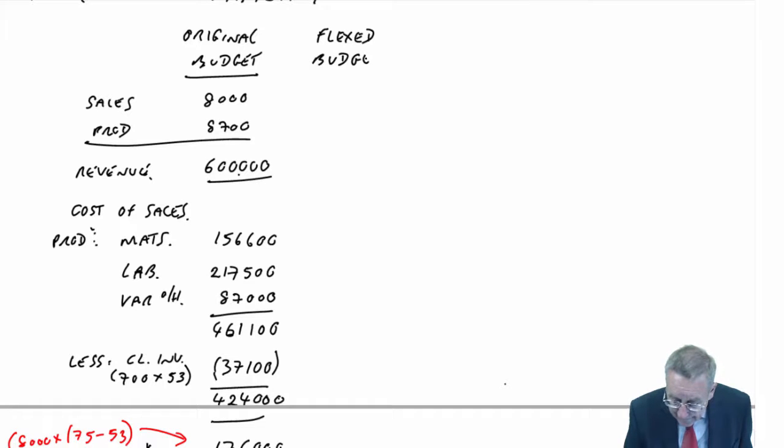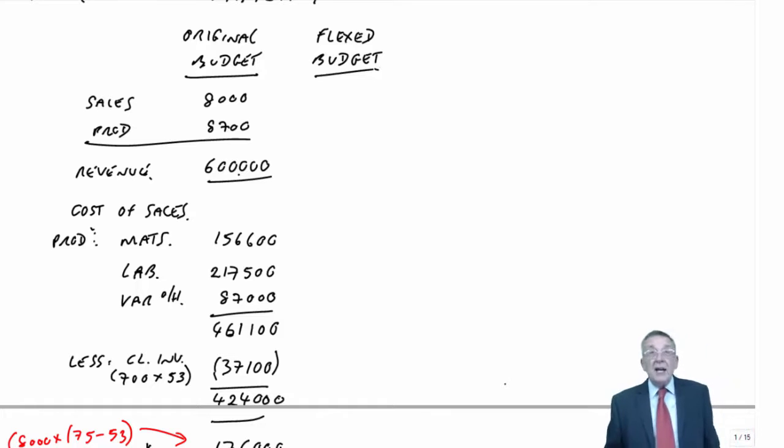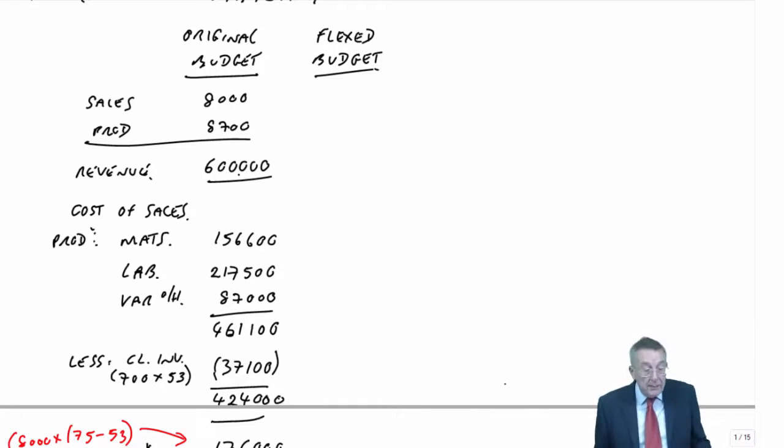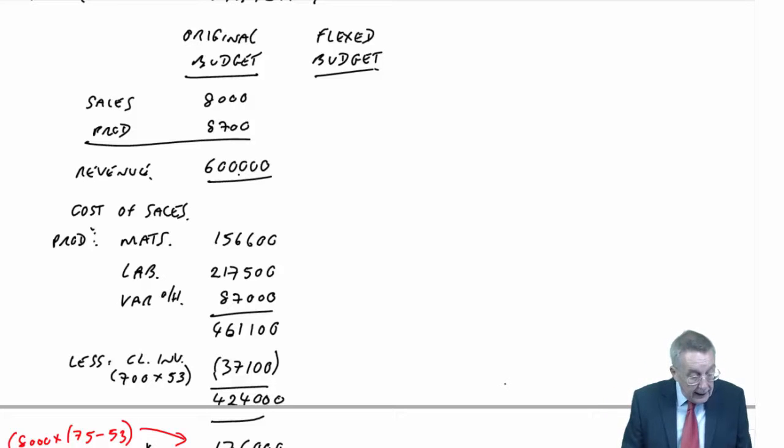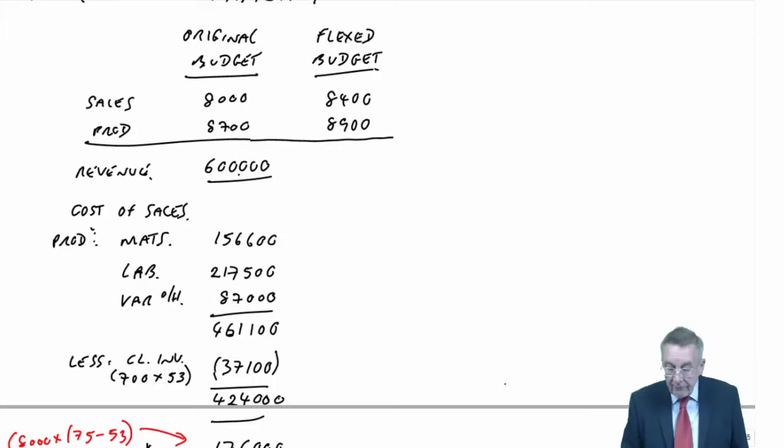And we'll say, well, how many did we actually sell? How many did we produce? We actually sold, where are we, 8,400 units? We actually produced 8,900 units. And now let's rewrite the budget. If everything went perfectly, how much revenue should we now expect?